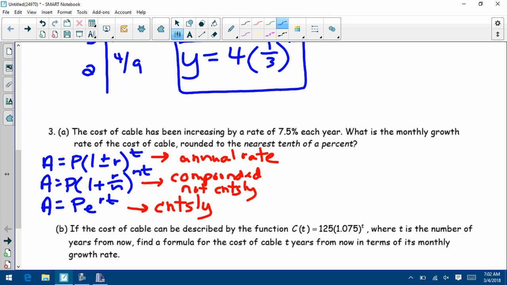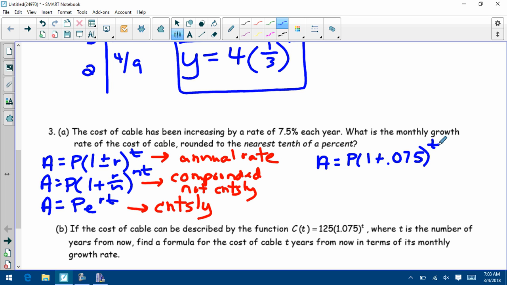Okay, so this one is increasing by a rate of 7.5% each year. That's an annual rate. So right away, we've got this equation, the top one. A equals P times 1 plus, because it's been increasing, 0.075 raised to the T. Now our goal is, what is the monthly growth rate?